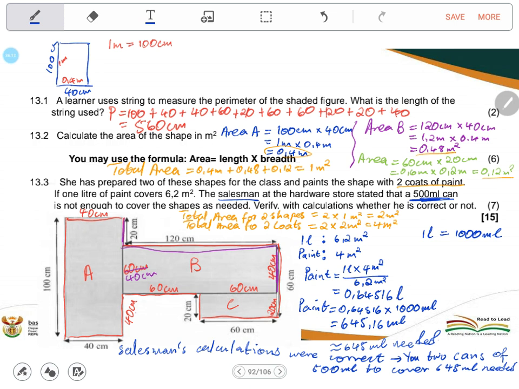So please, if you have not done conversions of units, go back to the beginning of this document and see how conversions of units are done. All right, so please do that.